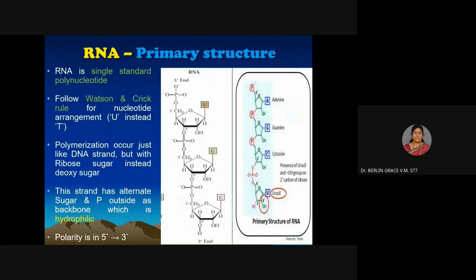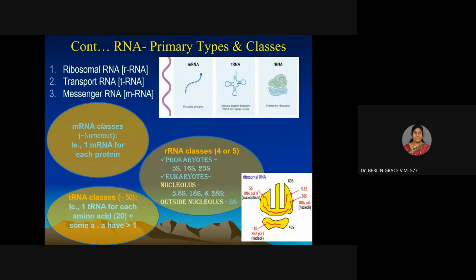Similarly, RNA also has a primary structure, a covalent backbone structure, where instead of deoxyribose we have ribose, which has an OH on the second carbon, and the structure is similar to the DNA strand, but single-stranded. There are three different types of RNA.